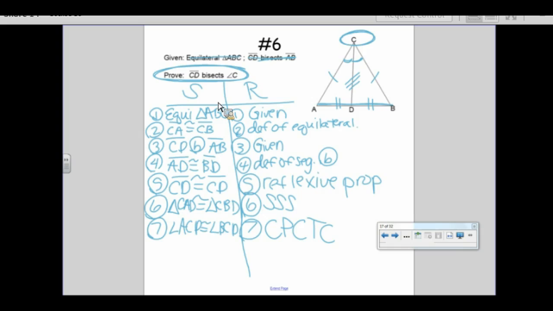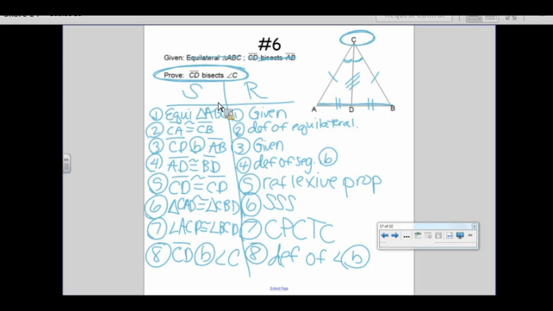Now I'm ready to say that segment CD bisects angle C, and the reason is the definition of an angle bisector. So I had someone ask me yesterday, do you have to write converse of the definition? No, you don't.